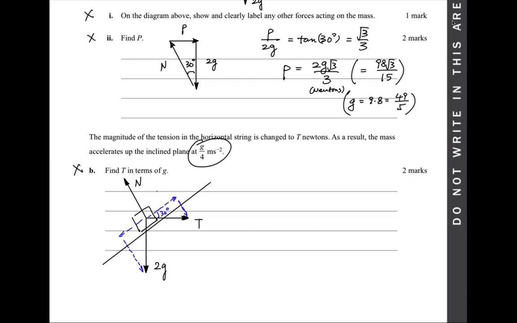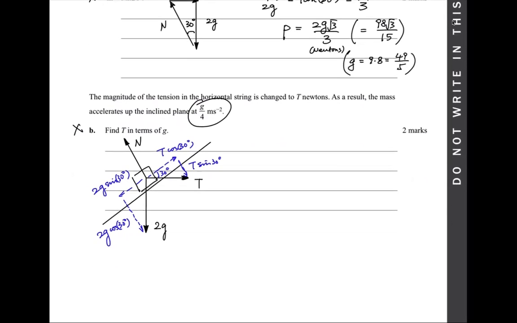So now this component is T cosine 30 degrees. This one is T sine 30 degrees. This parallel component is 2g times sine 30 degrees. And 2g cosine 30 degrees is perpendicular to the plane.